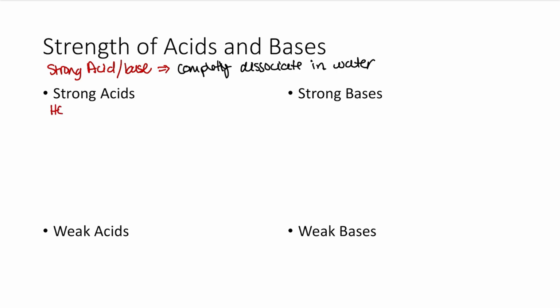They are HCl, HBr, HI, so hydrochloric acid, hydrobromic acid, hydroiodic acid, and then we have nitric acid, sulfuric acid, perchloric acid, and then we also have one more. Those are the strong acids for this class. You must know those. To determine the weak acids, they are going to be everything else.